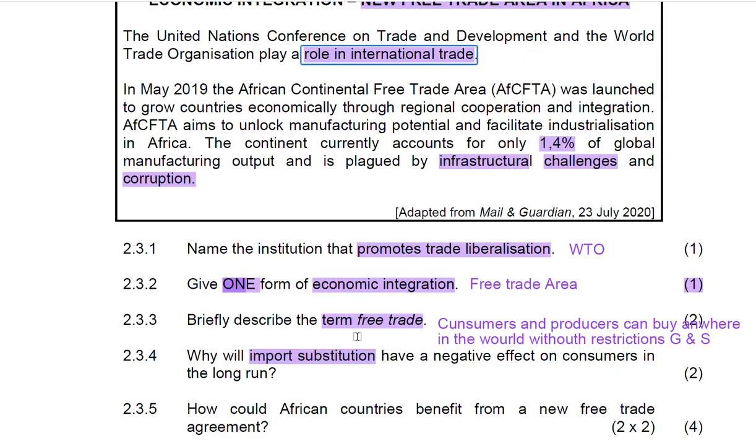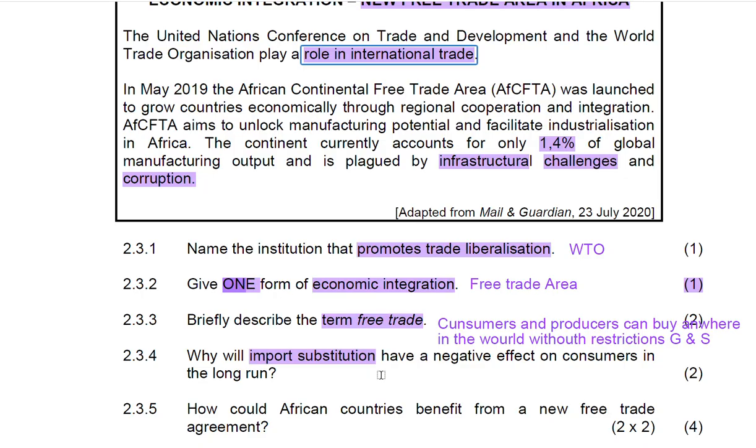The reason that import substitution will have an effect on the consumers in the long run is because consumer choice will decrease as they will be limited to domestic products only. So the choice will be limited in terms of where they can buy. They're only going to be buying in a domestic market, or they'll be buying what is produced by South Africa.